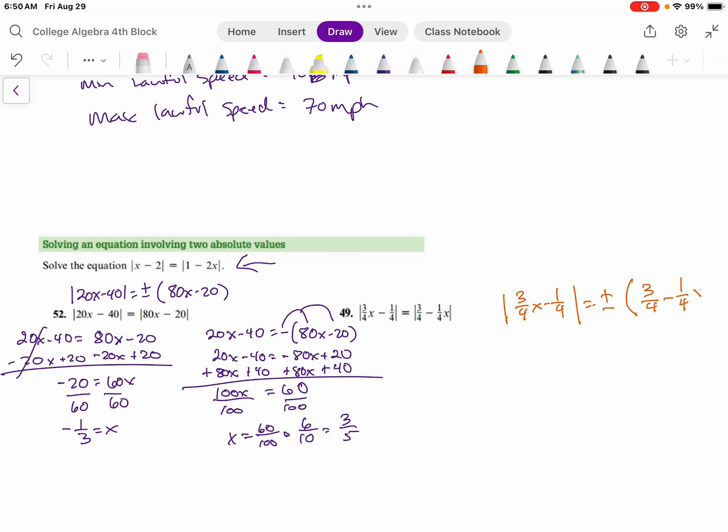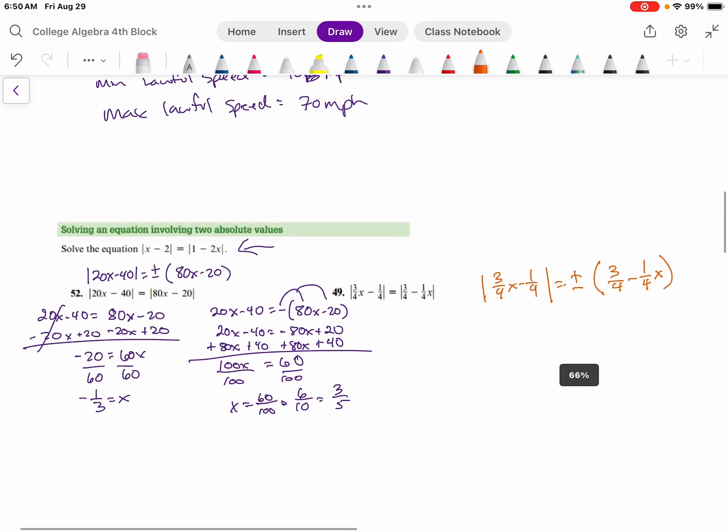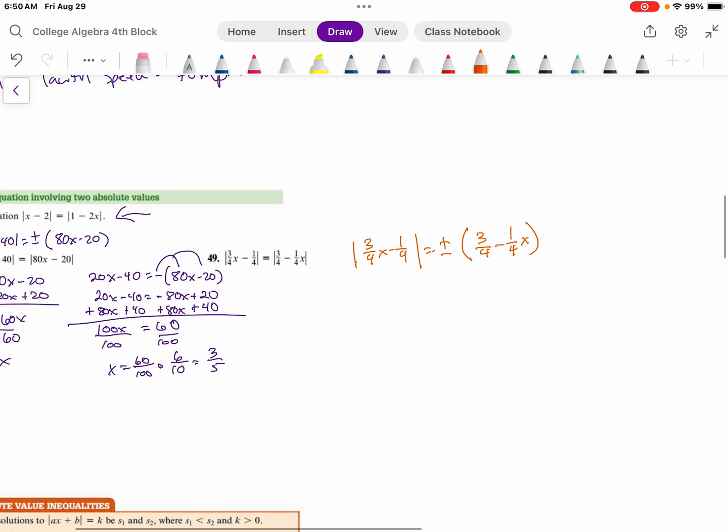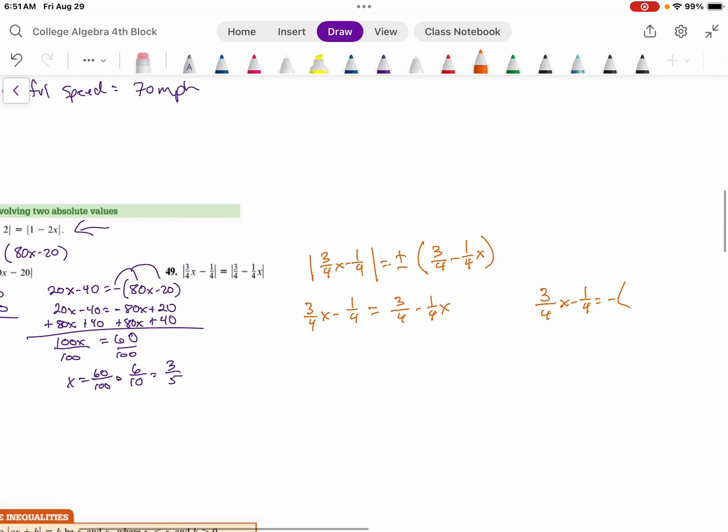I'm going to rewrite the right side twice, once with a positive version and once with a negative version. So 3/4 x minus 1/4 equals the 3/4 minus 1/4 x. And then I'm going to write it down again, and equal to the negative version.